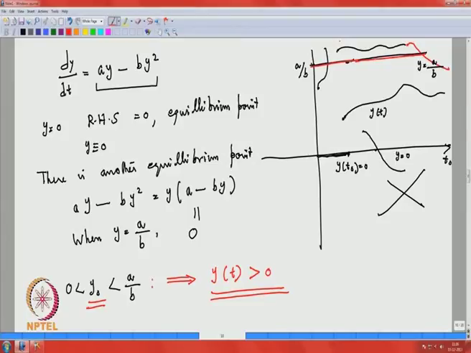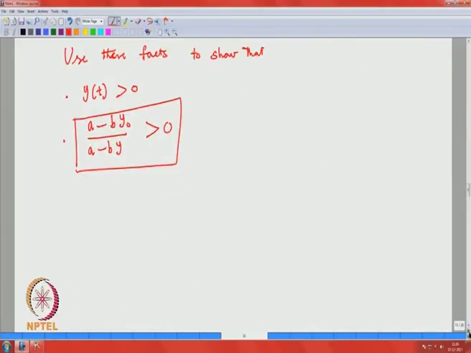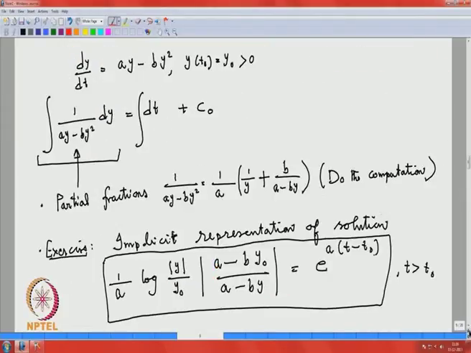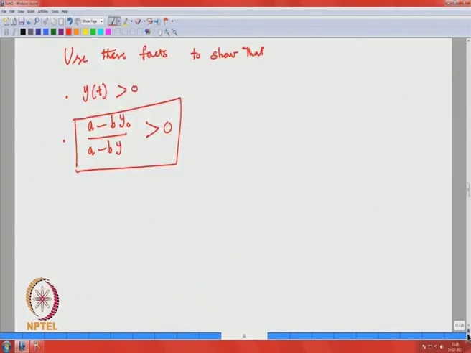Hence the solution which we get will retain the sign, and hence the whole thing will have the same positive sign. This is an exercise for you, prove this.